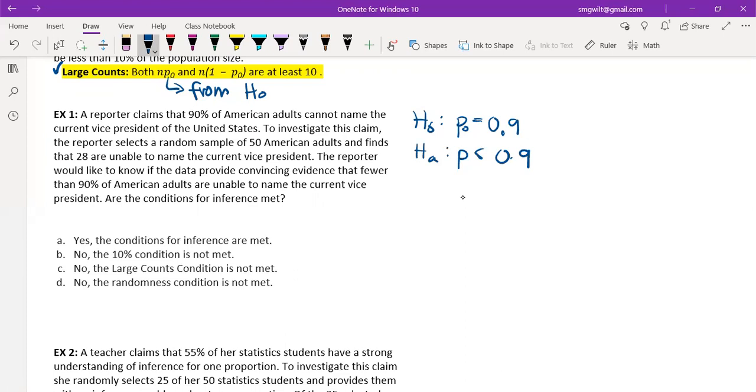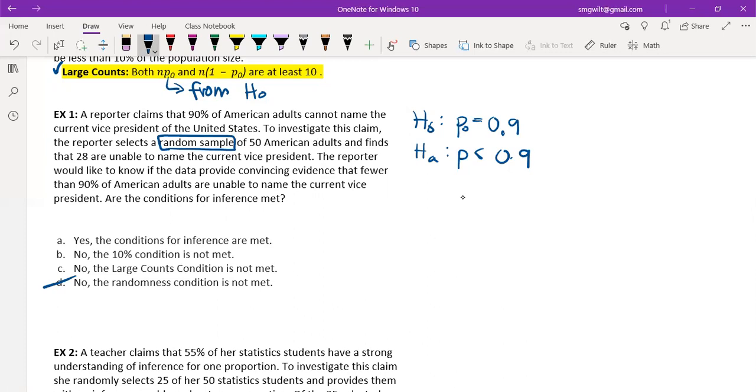The first condition is randomness. Randomness is the easiest one to check because you're literally looking for the words random sample. Oh, perfect, we've collected a random sample. So D is not the correct answer because we have a random sample. The next one is the 10% condition. Remember, the 10% condition is only relevant when we're taking a sample without replacement, which would mean that we also are given a population size.